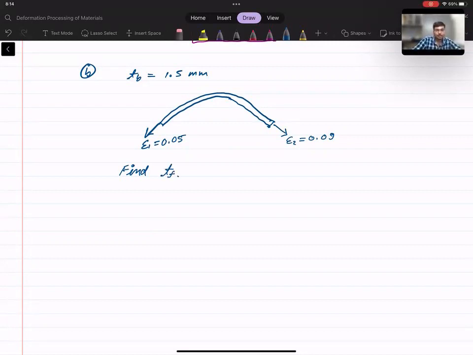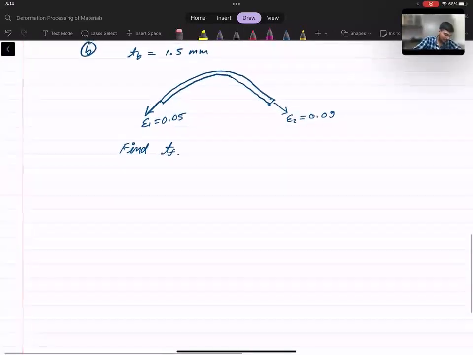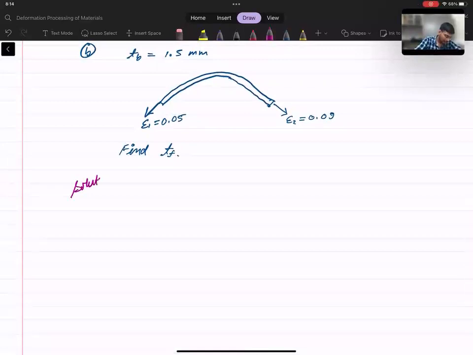In this case, we can use the second relation which we had seen, which was the thickness of blank divided by thickness of cone, or final thickness, is nothing but e raised to power epsilon 1 into e raised to power epsilon 2. So for this, the solution will be: TB over TF is e raised to power epsilon 1 into e raised to power epsilon 2.